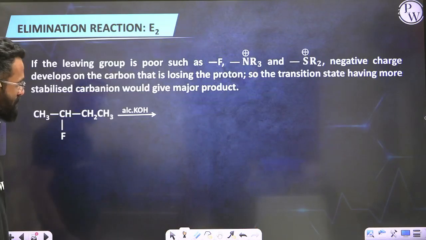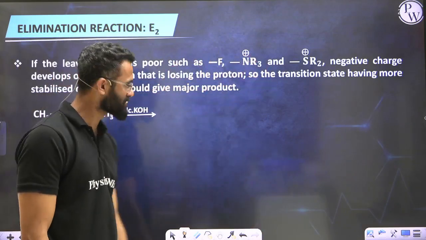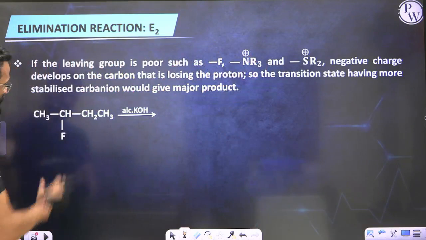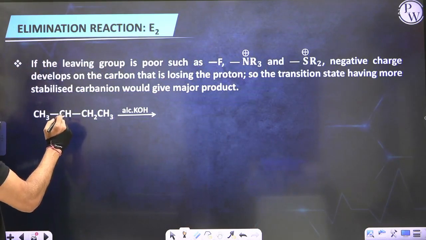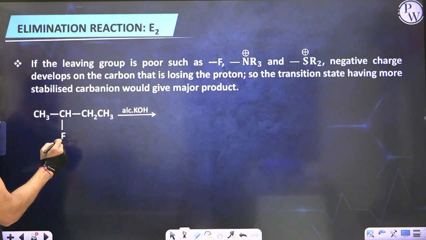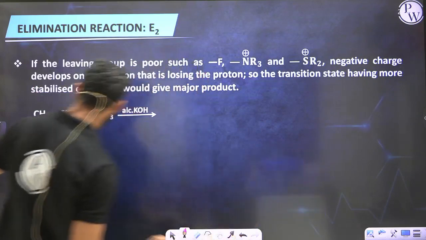The second condition was the presence of poor leaving groups such as F, NR3 plus and SR2 plus. Let's take an example here. See, we have got secondary butyl fluoride. So fluorine is a poor leaving group. We'll just note it down.